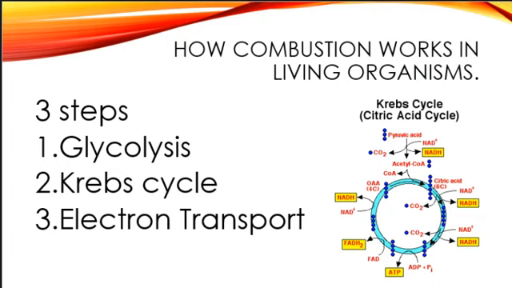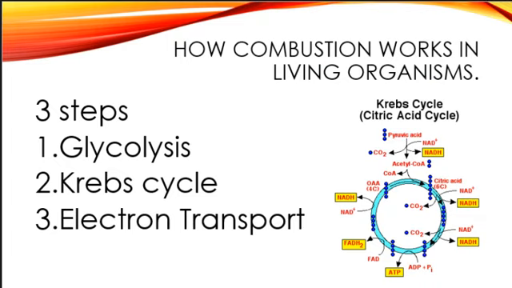We start off with 6 CO2 plus 6 H2O, powered by sunlight. And what is it making? Glucose, C6H12O6, plus 6 O2, oxygen. That's photosynthesis in plants.